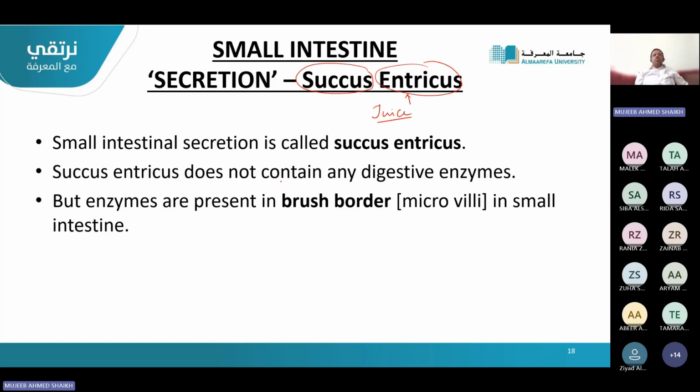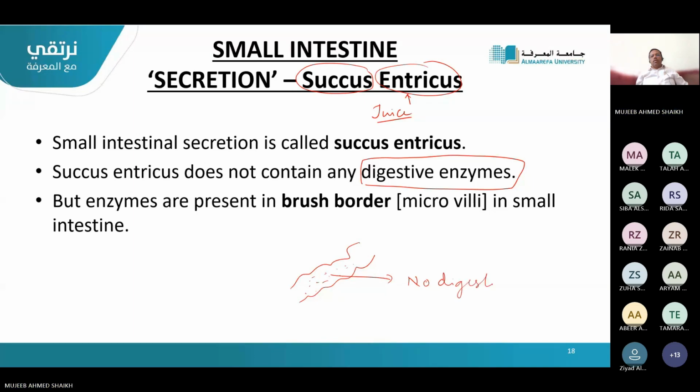Succus entericus does not contain any digestive enzyme. Please be careful. Suppose this is a small intestine and some liquid is there. This liquid has no digestive enzyme. But where will the digestion take place?